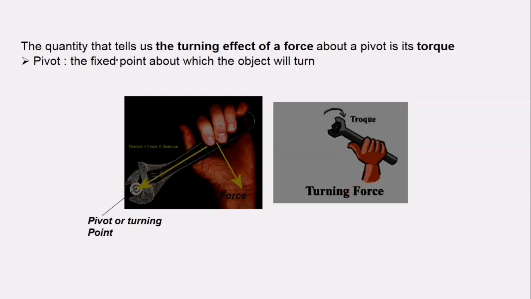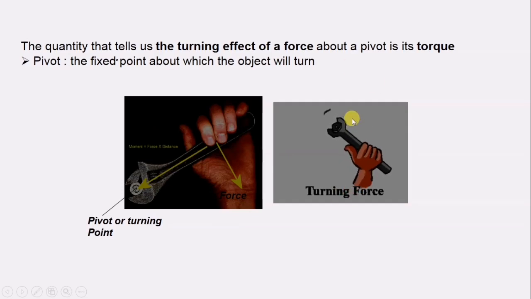First, I will remind you about the definition of force, because torque is a result of force. It's caused by a force. Force, you know that it is any pull or any push you exert on another object. We took it from grade 7 and we talked about it during this year in more detail than grade 7. Okay.